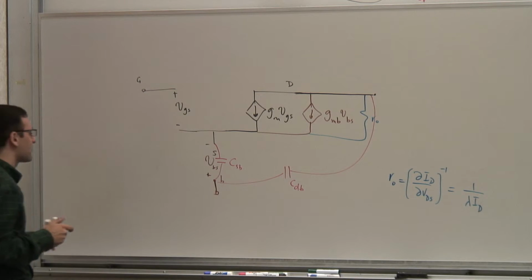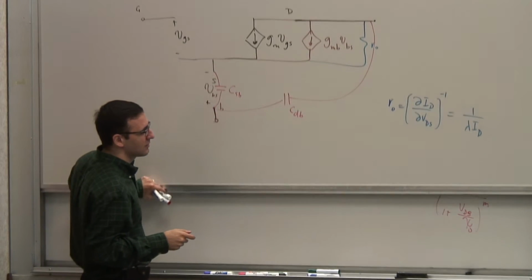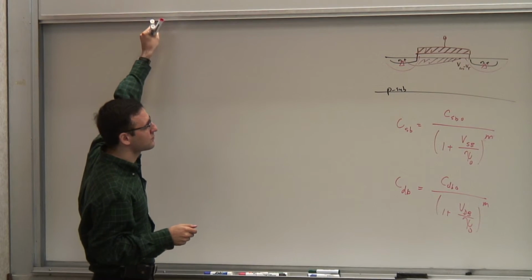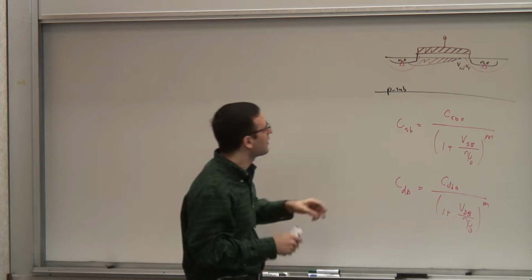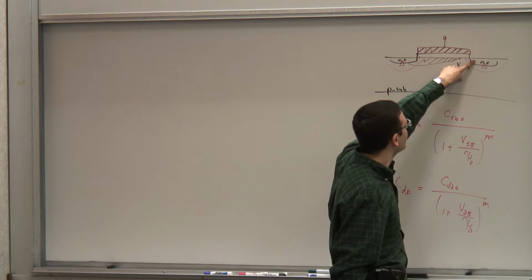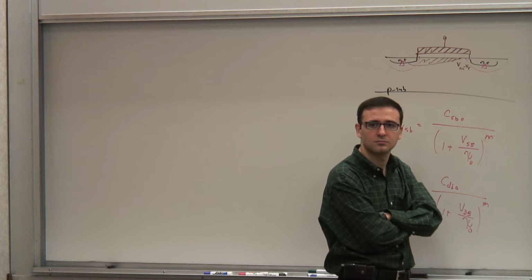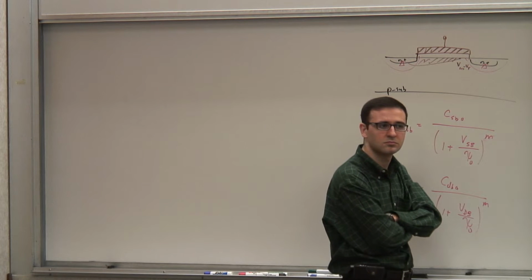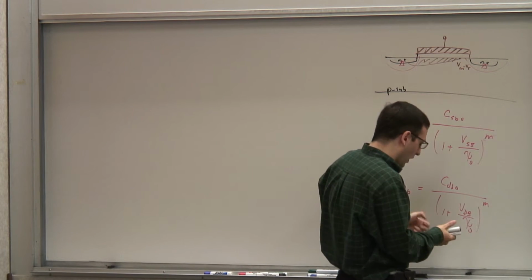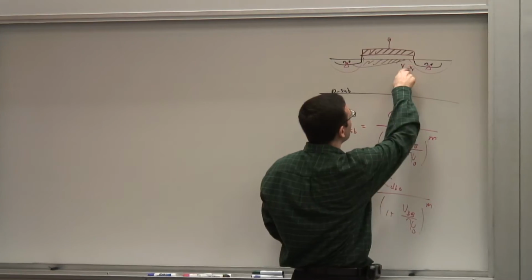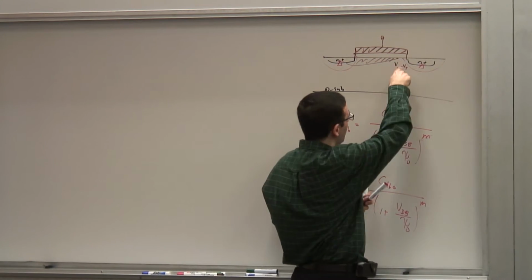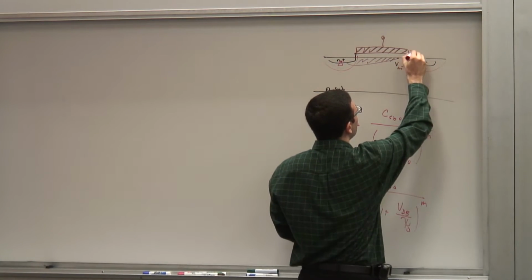Well, what else? Well, look at my transistor. In the pinch-off region, do I have a capacitance between here and there? The gate and the drain. Well, I do, right? Because first of all, even if the transistor looked the way the one I've drawn looks, there will be some fringe field.